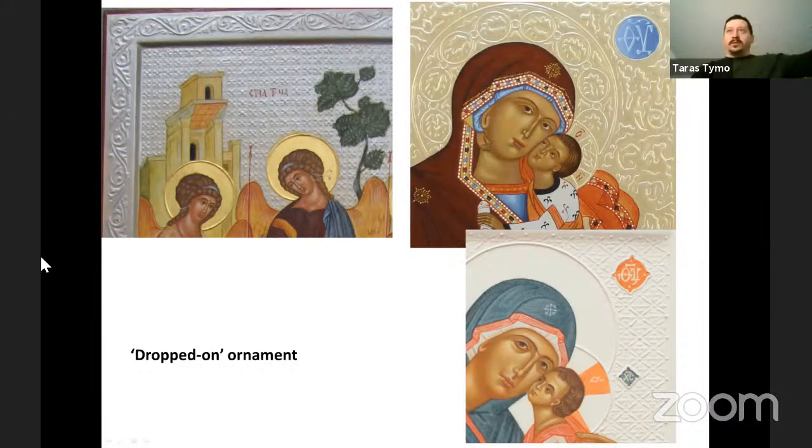Just the ornament in the gesso that is later covered with silver or gold or just white pigment, and it becomes pretty nice. These are all our new icons.